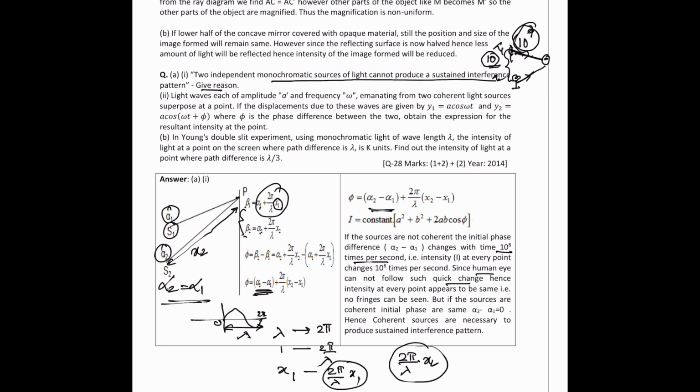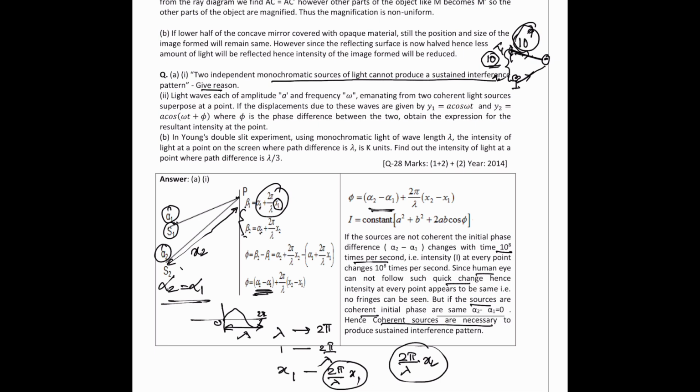From two different sources, if we produce these two slits S1, S2, then this will never happen. We cannot observe the interference pattern, so no fringes can be seen. But if the sources are coherent, the initial phase difference alpha 2 minus alpha 1 will be 0, alpha 1 and alpha 2 same, hence coherent sources are necessary.